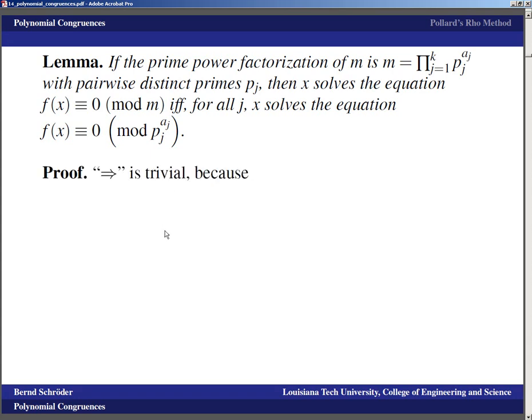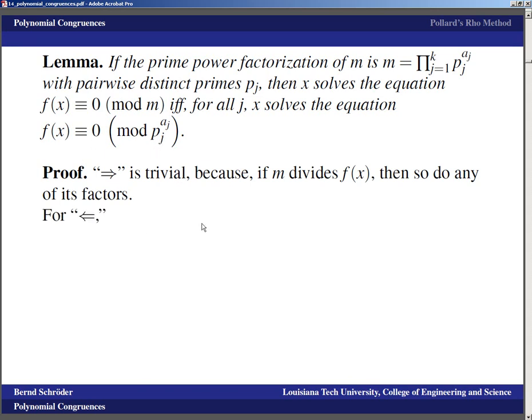So what's the proof? Well, the direction left to right is trivial, because if m divides f of x, which is what it means that f of x is equivalent to 0 modulo m, then all of its factors do also, and that means that f of x is equivalent to 0 modulo pj to the aj.